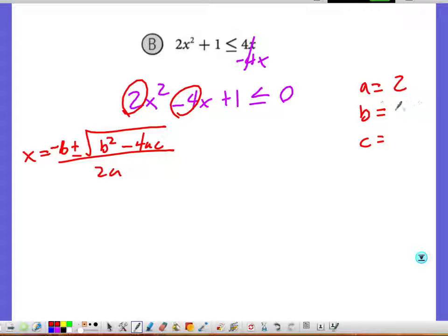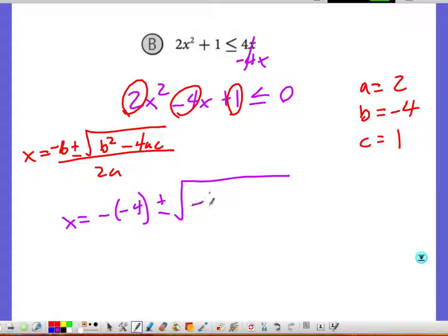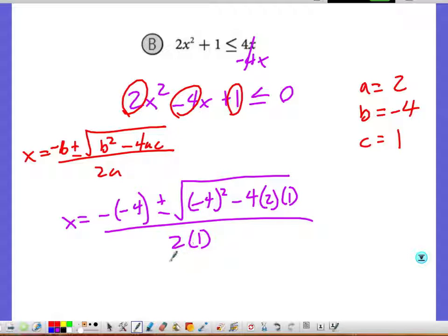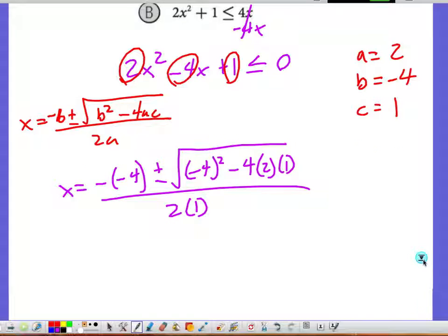B is the coefficient of x, which is negative 4. And c is going to be 1. So what I need to do is just go ahead and plug in the letters. Here I have negative negative 4 plus or minus square root of negative 4 squared minus 4 times 2 times 1 all over 2 times 1. So basically I just plugged in a, b, and c into the quadratic formula.